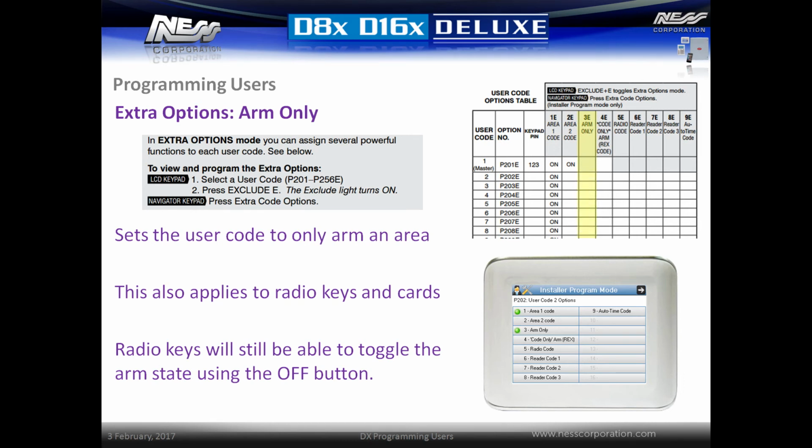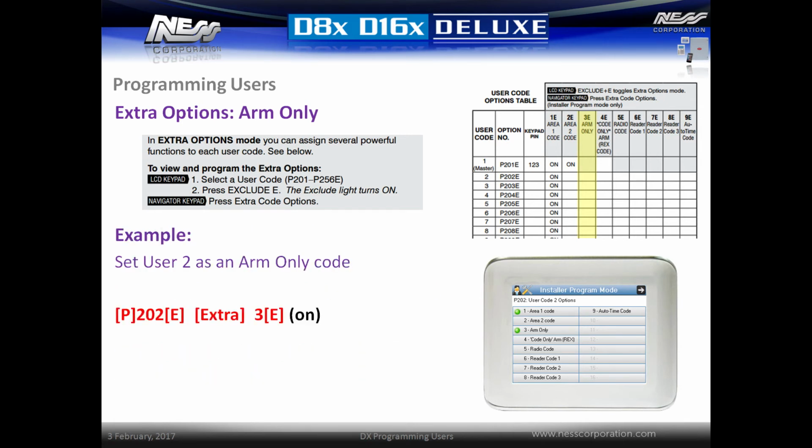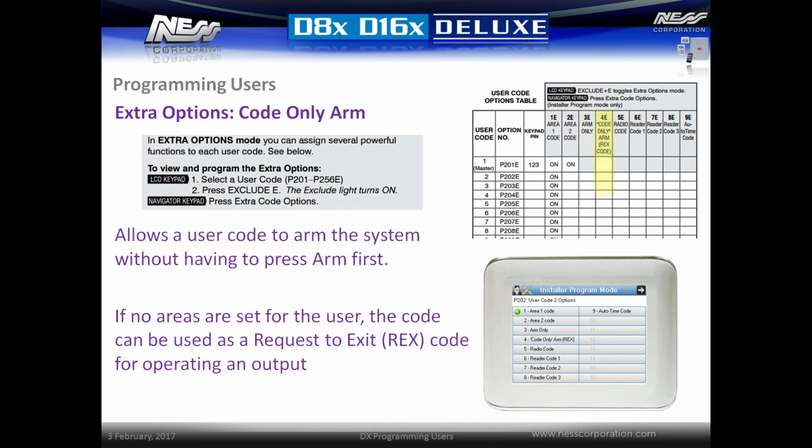This also applies to radio keys and access cards set for arm disarm. Radio keys will still be able to toggle the arm state of the panel using the off button. For example, to set user 2 as an arm only code, enter P202E, enter the extra options, and then activate option 3E. You also need to ensure that an area is selected.